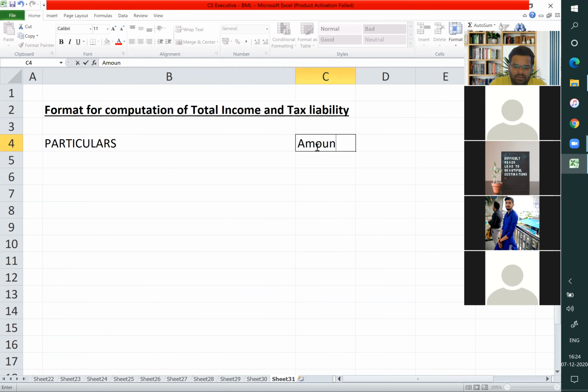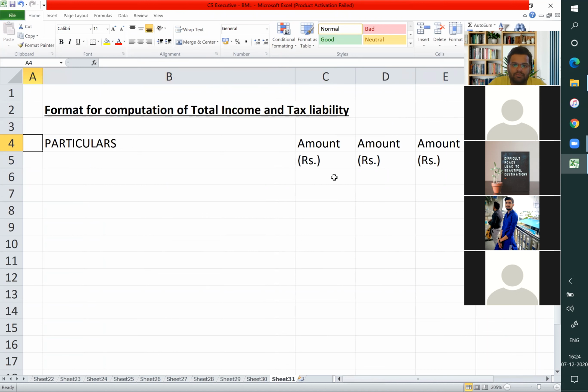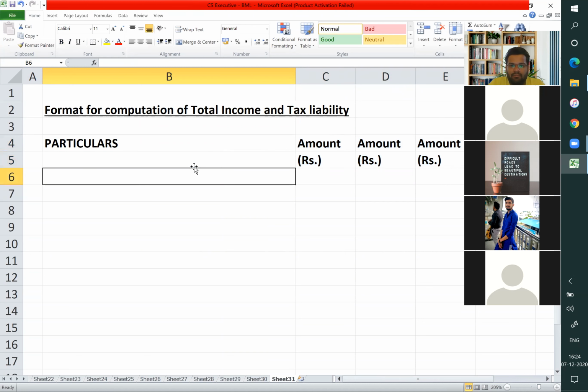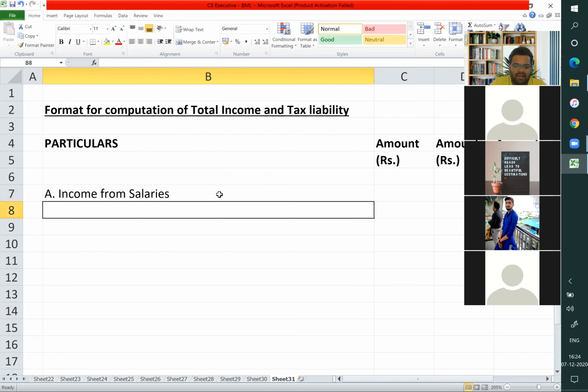So, particulars, amount in rupees. Make three columns. My main focus will be on the particulars column. At point A, you will start with income from salaries.